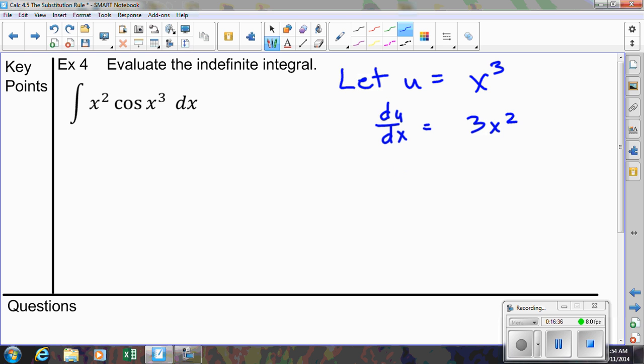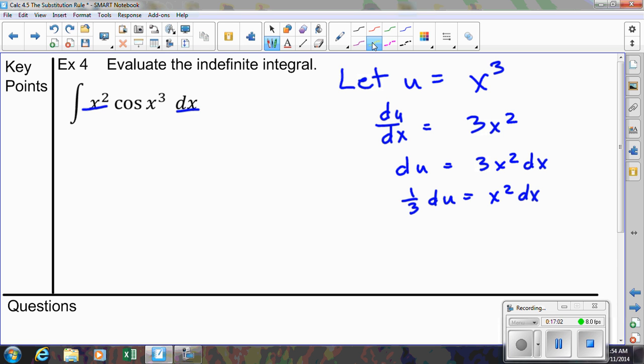And so du is 3x squared dx, which is a good thing because we have x squared dx, but we don't have this 3. So 1/3 du equals the x squared dx. And it's the x squared dx that we're going to substitute in.